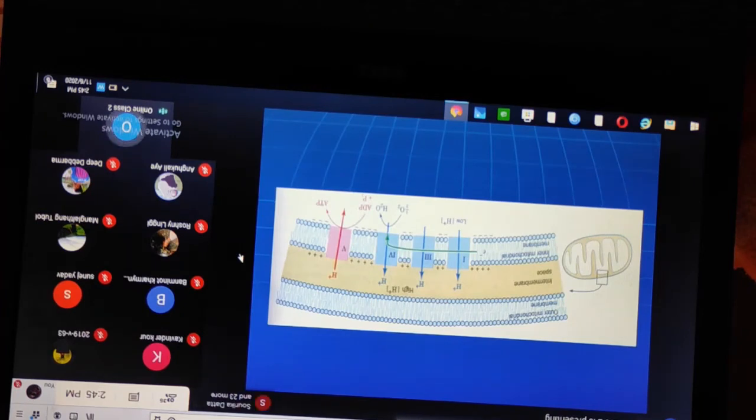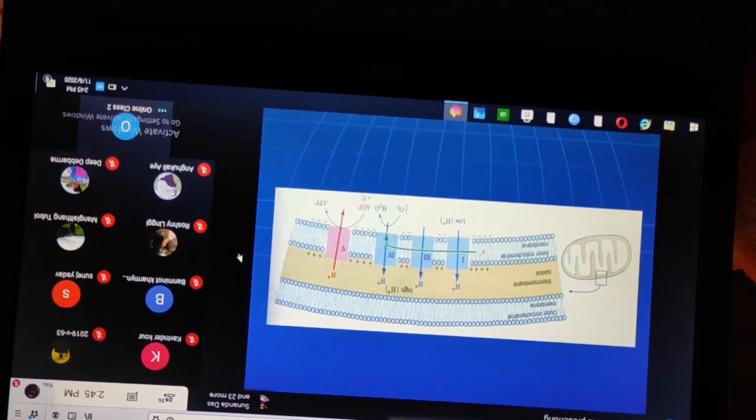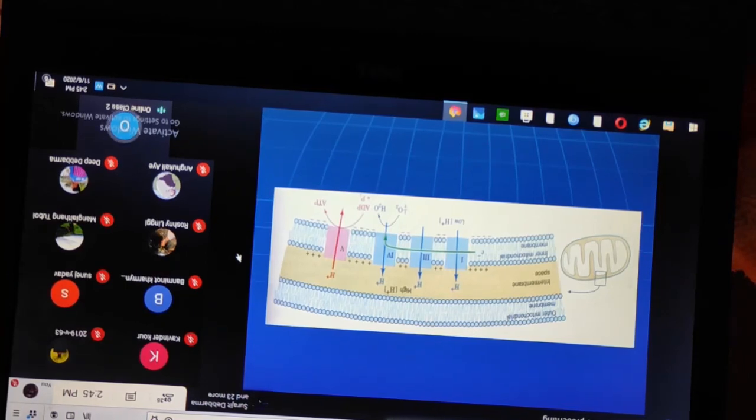When the proton moves through complex 5, this complex catalyzes the phosphorylation of ADP and inorganic phosphate. The inorganic phosphate is linked to ADP to form ATP. So ATP is generated. How is this ATP formation possible?